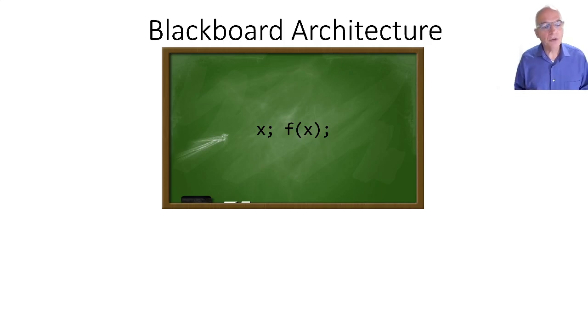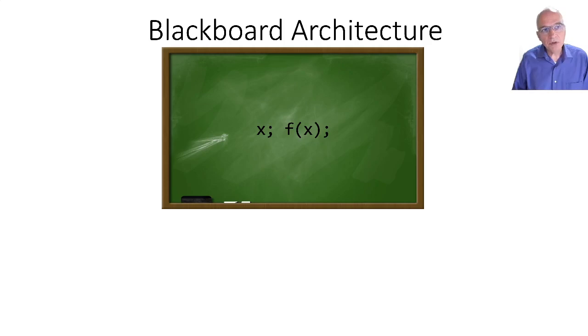And then in this room there is a blackboard. In the blackboard, for the example of this single argument function, that's the two-dimensional case, you have the value of x and the value of f of x printed on the board. From time to time, each one of those solvers will check the blackboard.